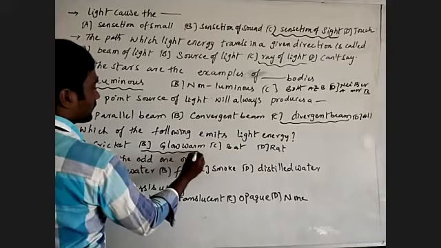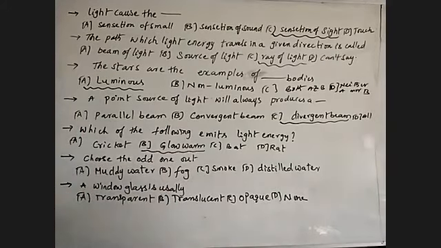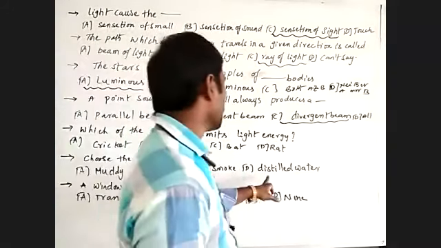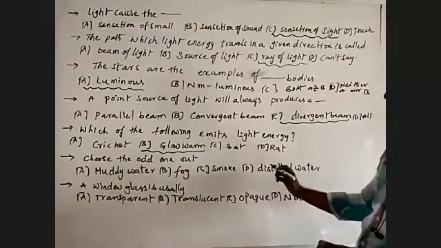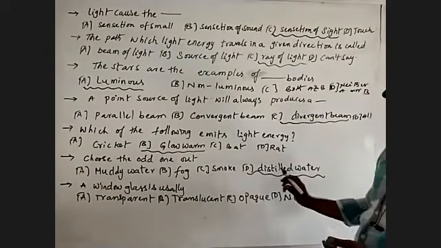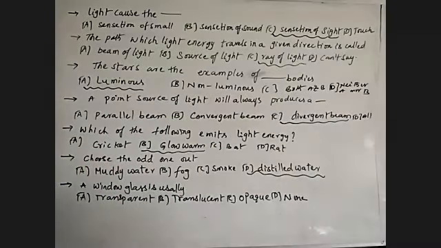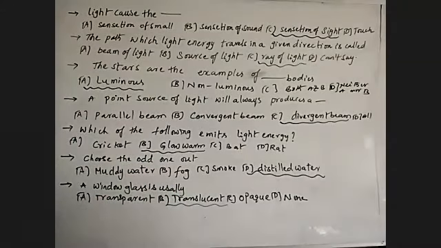Glowworm emits light by itself. Choose the odd one out: muddy water, foam, smoke, distilled water. Those are translucent, this is transparent. A window glass is usually translucent. Note on that.